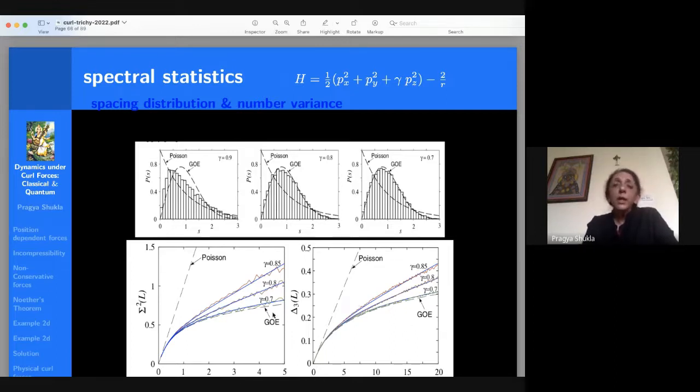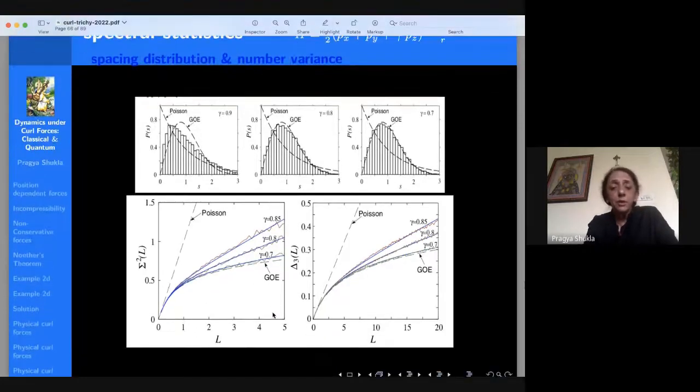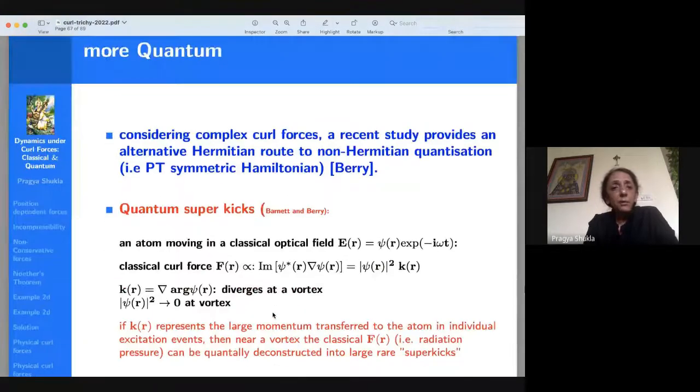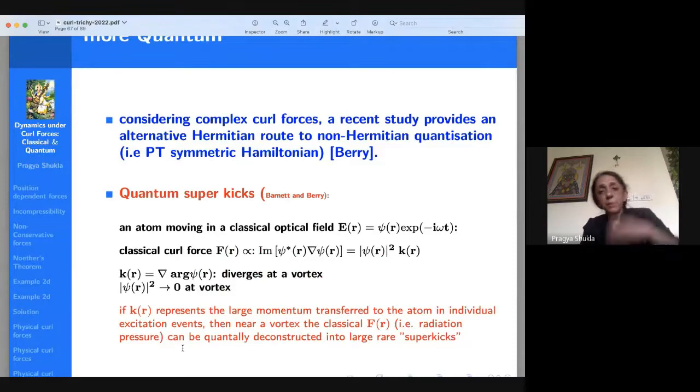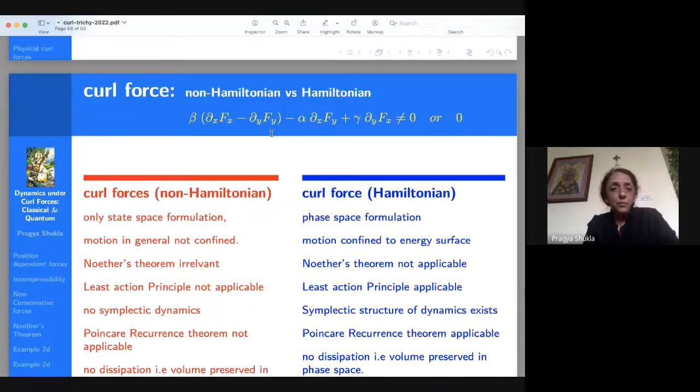So in spectral statistics, people had already seen a difference from the standard quantum chaotic systems, without knowing that the Kepler Hamiltonian falls into the class of Hamiltonian curl forces. There are other quantum features discussed by Professor Berry in separate papers with other people, and I don't have time because I'm running out of time.